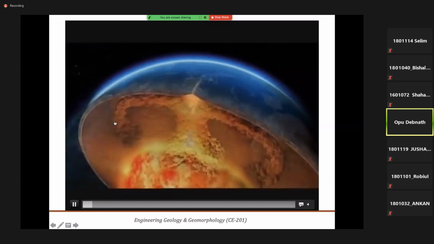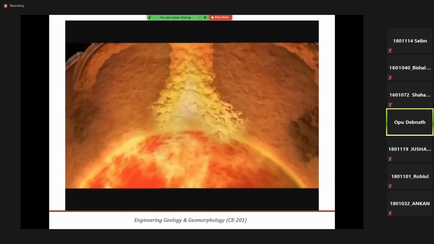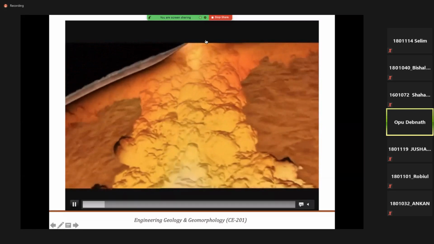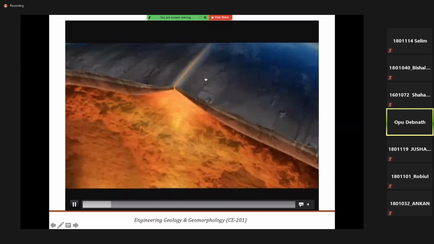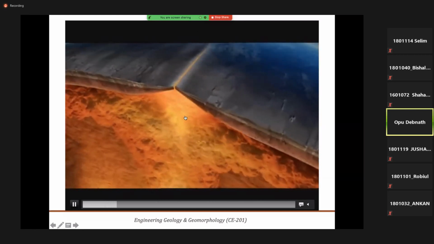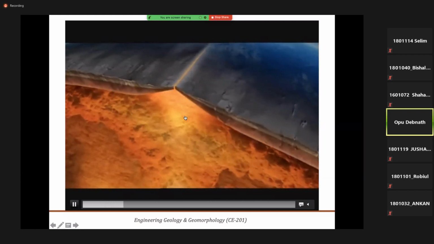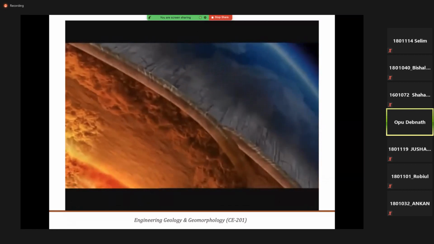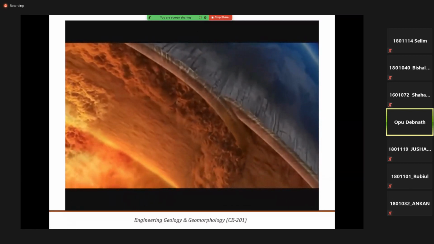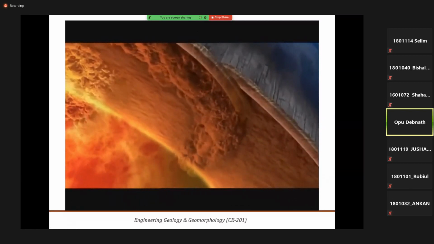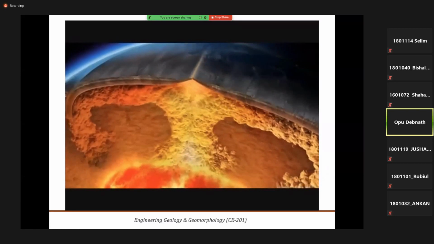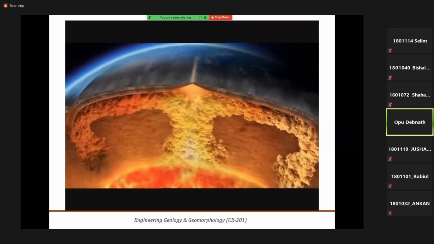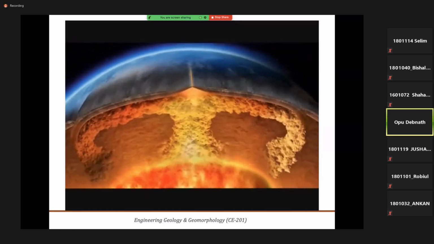So here is another video showing how the plates are moving. Plate tectonics means plate movement. The hot molten lava is circulating, as those are hot liquids. While it's boiling, it's circulating inside the Earth's crust.